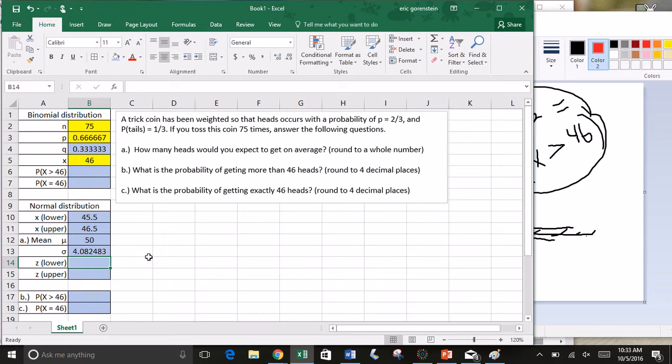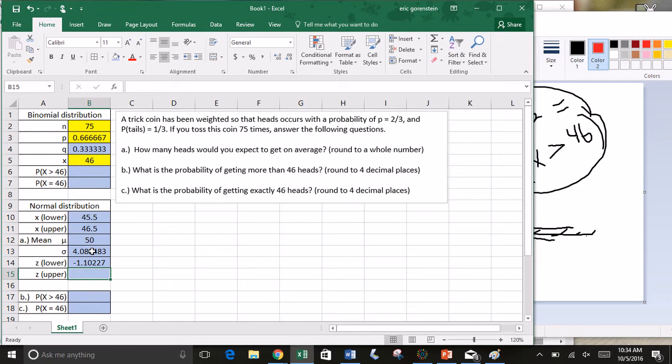to calculate areas, we need z-scores. So I'm going to convert the lower x limit and the upper x limit to z-scores. So remember, z-score is equal to x minus the mean divided by the standard deviation. So we'll say equals, and in parentheses, x minus the mean, which is here, close parentheses, divided by the standard deviation, which is here.